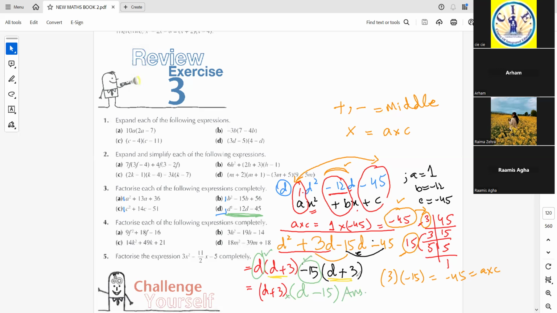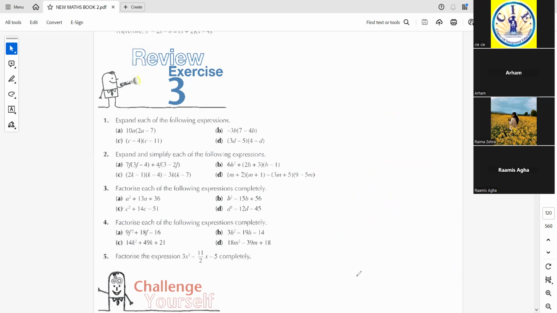Okay, in the same way, we would be solving question number 4. If you see question number 4, compare the coefficients 9, 18, and 16.